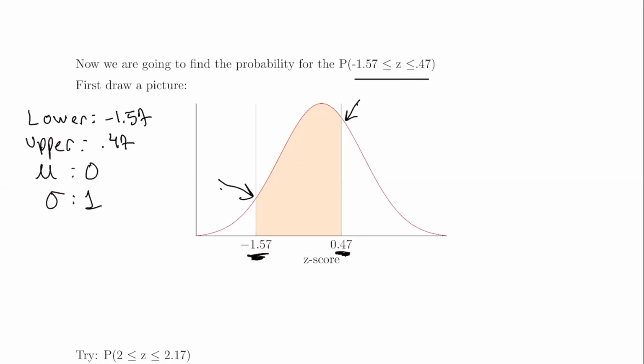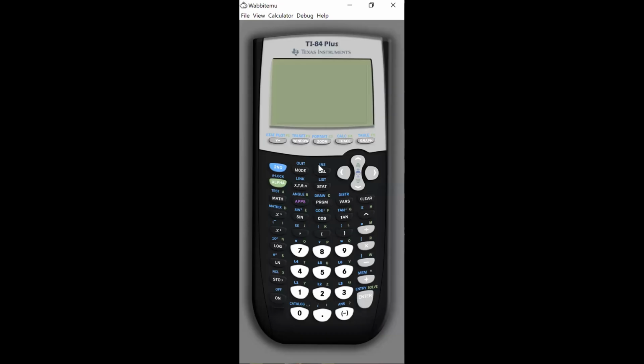Okay, so I'm going to transition over to my calculator, so that you can see how I enter it, but it should be the same as before. So you go to second, you go to bars, you go to normal CDF. For my lower, we change that to negative 1.57.